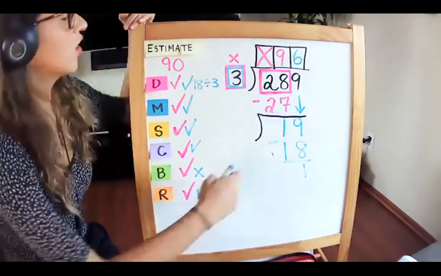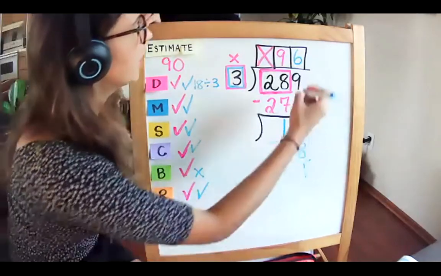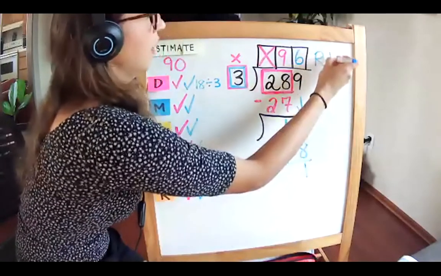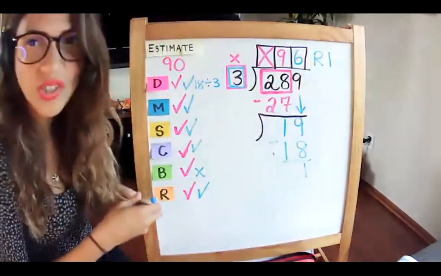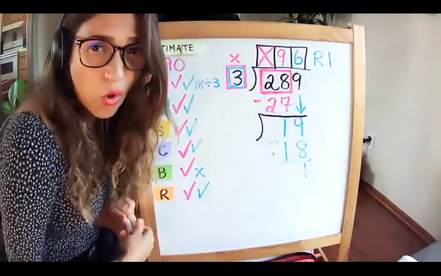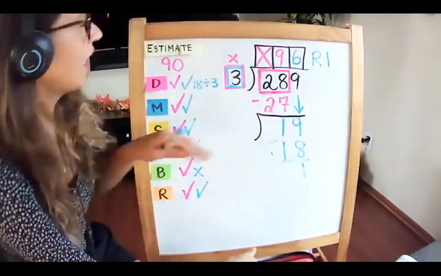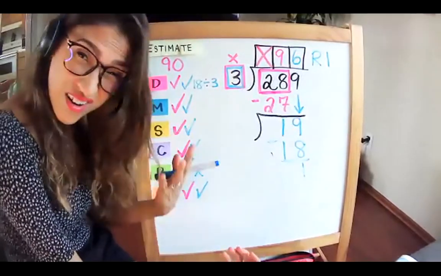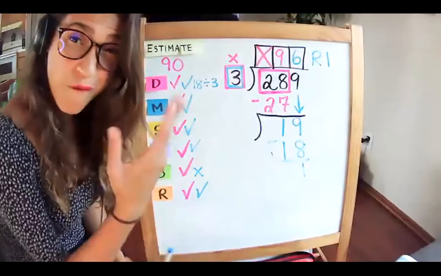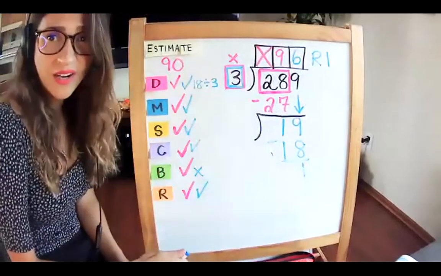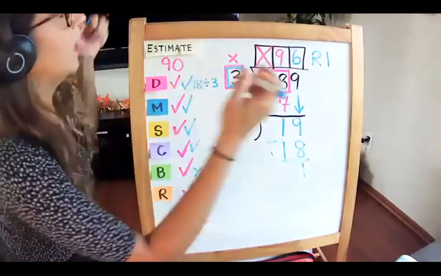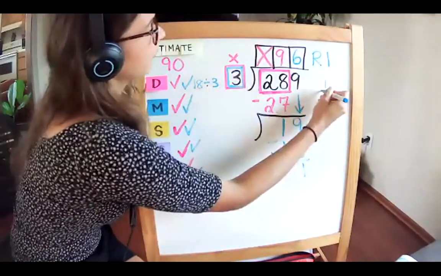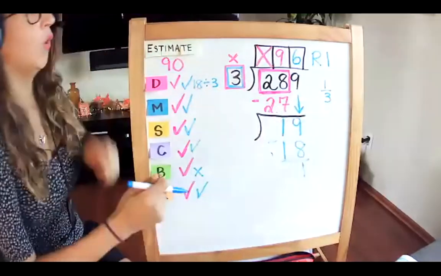R becomes remainder. And we do actually have a remainder. So we're going to put a little R for remainder, 1. And guys, a remainder just means that you didn't have a whole 3 that could go into 289. So a remainder can actually also be considered a fraction of the 3. 3 couldn't fit in, but 1, remainder 1, out of the possible 3 was able to fit in.